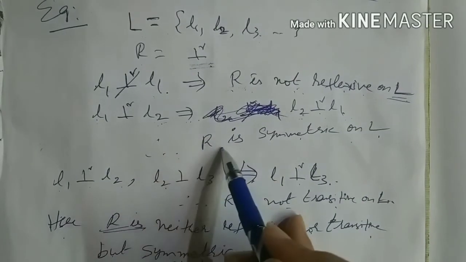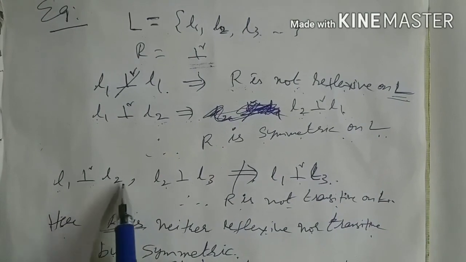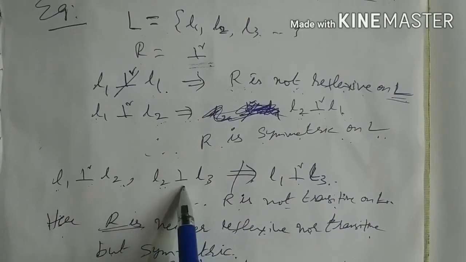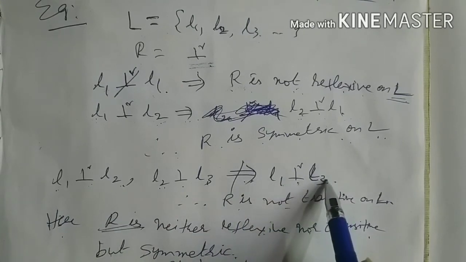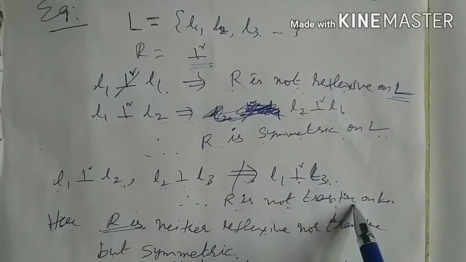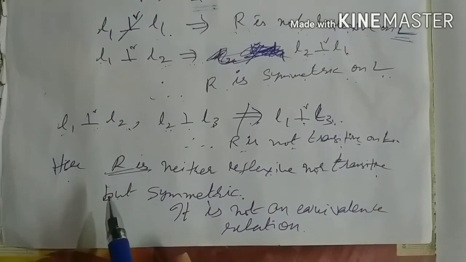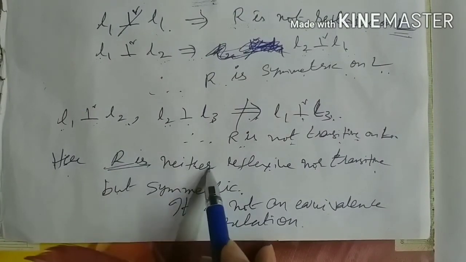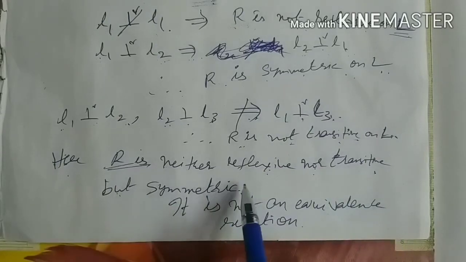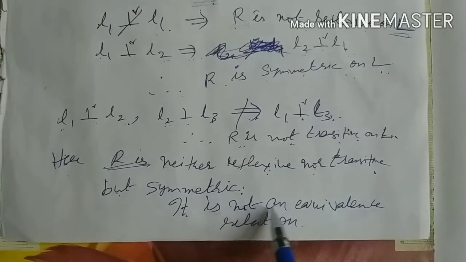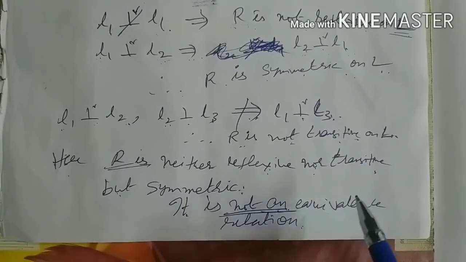Therefore, R is symmetric on the set of lines L. L1 perpendicular to L2 and L2 perpendicular to L3 does not imply L1 is perpendicular to L3. Therefore, R is not transitive. Hence R is neither reflexive nor transitive, but it is symmetric. Hence, it is not an equivalence relation.